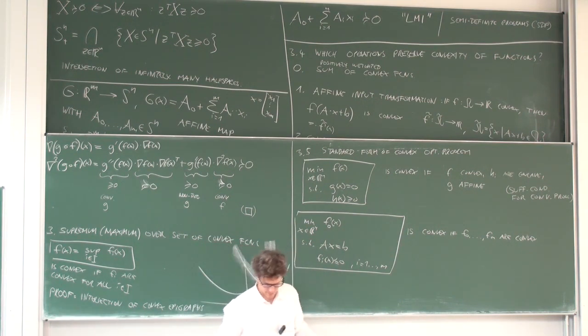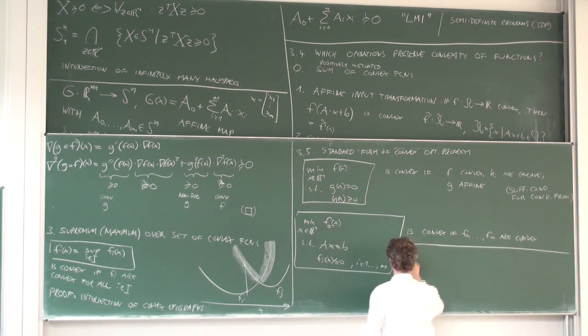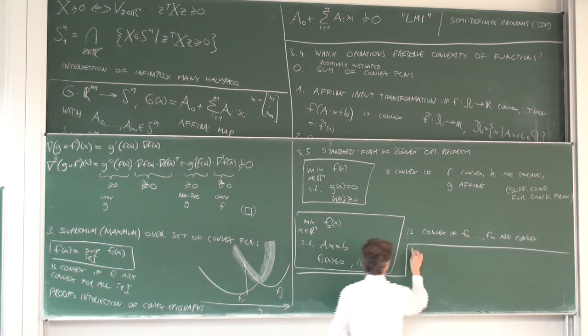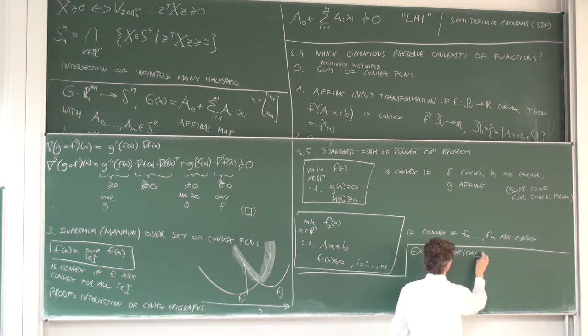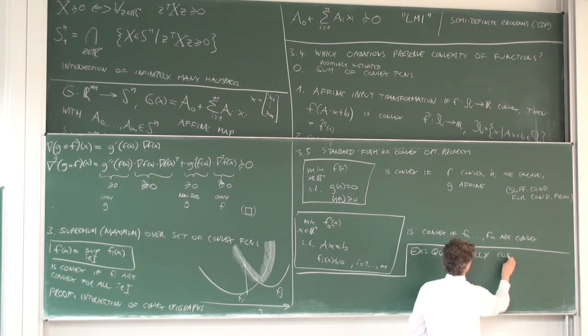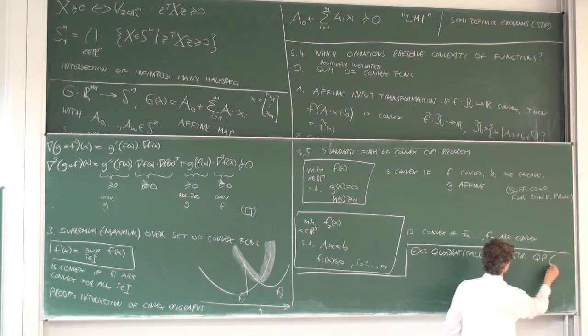I want to give you one example of a quite interesting class of optimization problems which have this form, and that is what we call a quadratically constrained quadratic program, abbreviated QCQP.